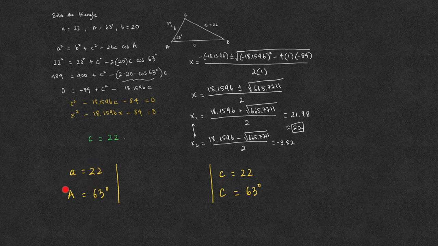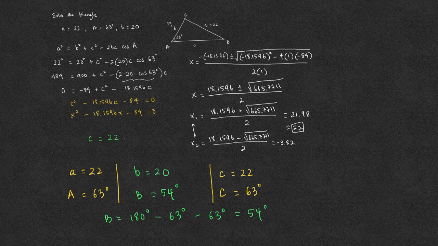The corresponding angles must be the same as well. This is an isosceles triangle. Given that the lowercase b is 20, to find the uppercase B, we simply take 180 degrees minus 63 degrees minus 63 degrees to get 54 degrees. And so the angle B has a measure of 54 degrees.